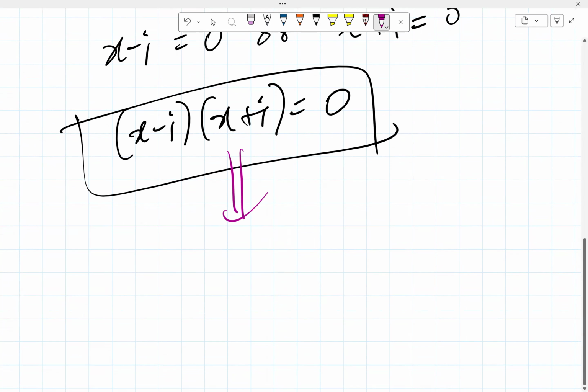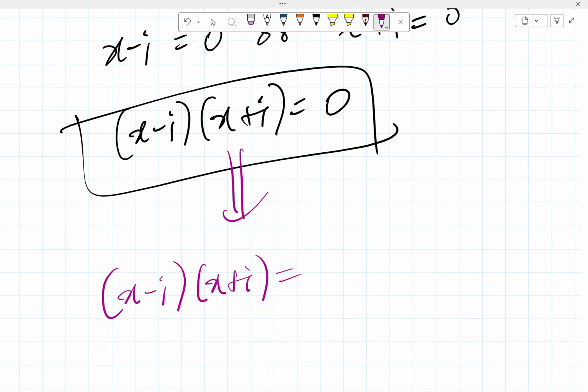Just try to expand it. You have x minus i times x plus i. That is x times x, x squared, x times plus i, that's xi, then minus i times x, that's minus xi, and lastly, minus i times i, that's minus i squared.